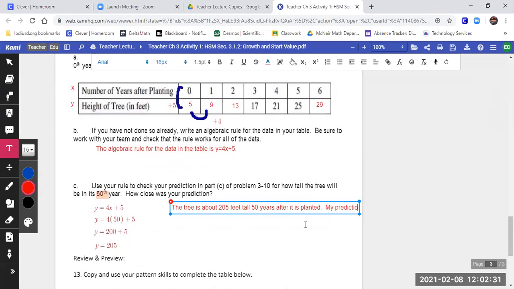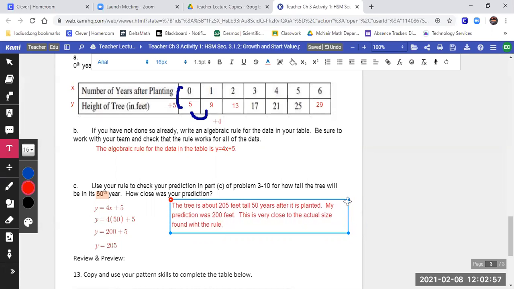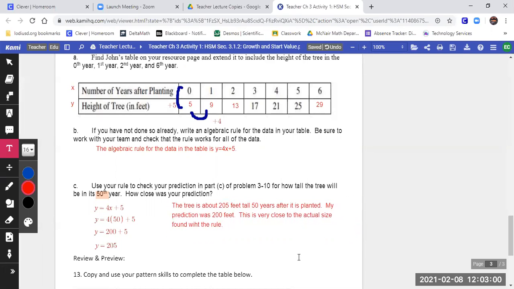My prediction was 200 feet. Okay. This is very close to the actual size found with the rule, right? You did pretty good. Okay, are there any questions about that? We got really close. It was pretty good. Any questions about that?